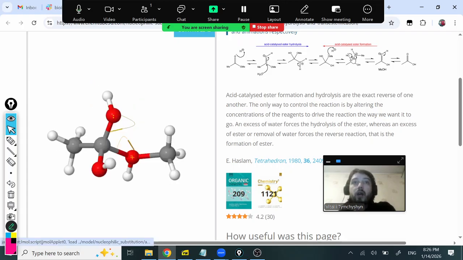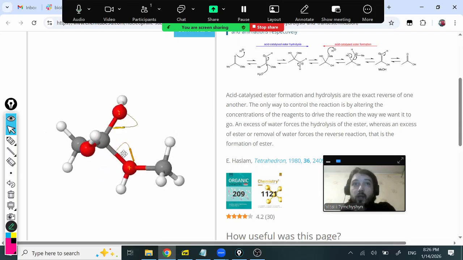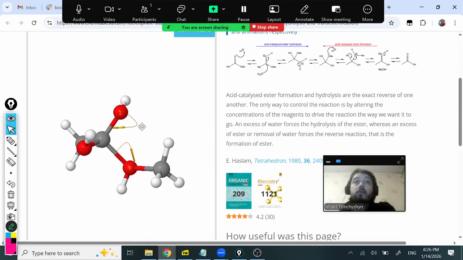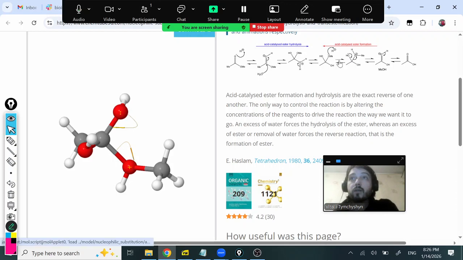Now what may happen, we have some non-bonding electron pairs on this oxygen atom. One of them can be used to reform the double bond, while these electrons can go onto this oxygen, and basically here's what happened.